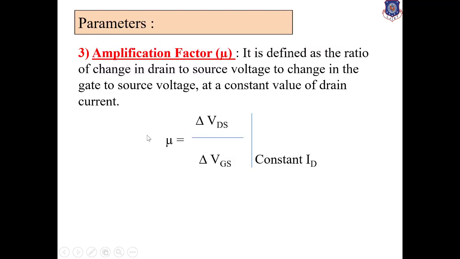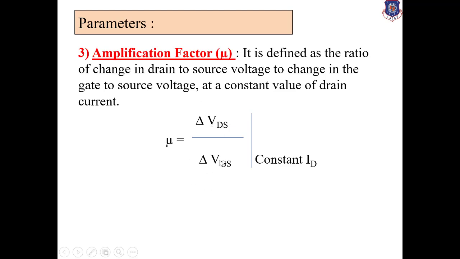But initially the definition is that amplification factor means output voltage upon input voltage. We have already studied the output voltage, that is VDS, and the input voltage for FET, that is VGS. From the characteristic, you can clearly mention that the output voltage of FET is VDS and the input voltage of FET is VGS.